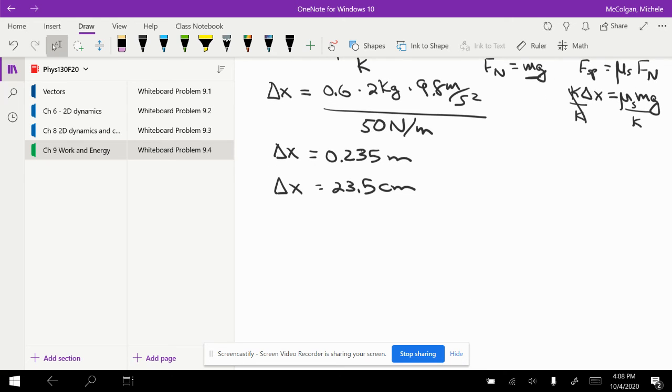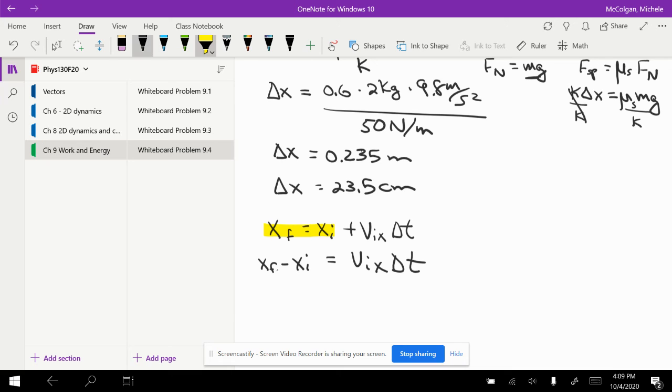Okay, so now how do I find the time? I can use one of my kinematic equations. x final is equal to x initial plus v_ix delta t. I subtract x initial from both sides, so x final minus x initial, which is my delta x, is equal to v_ix delta t.